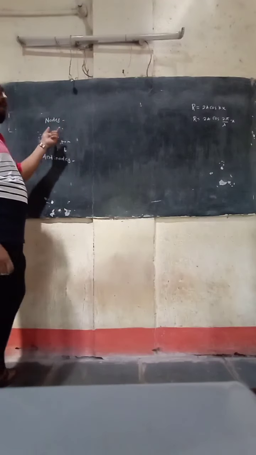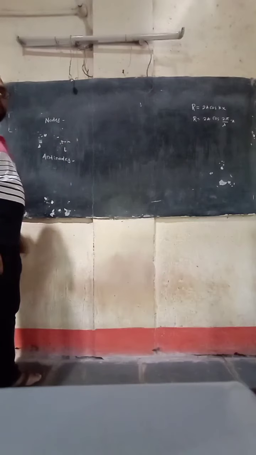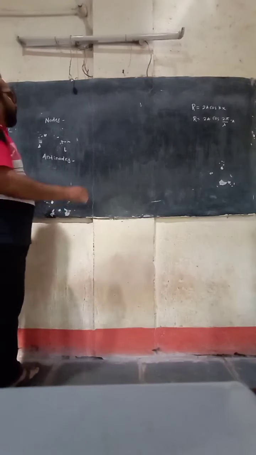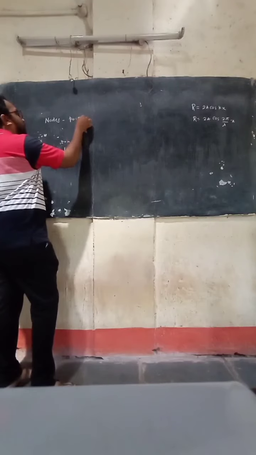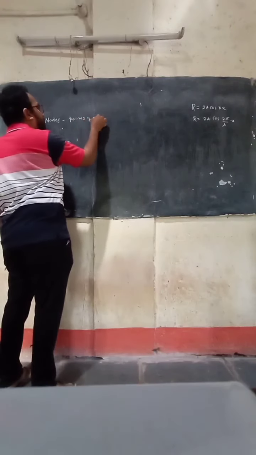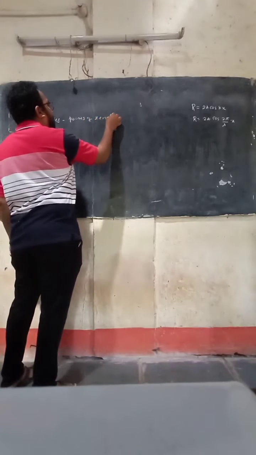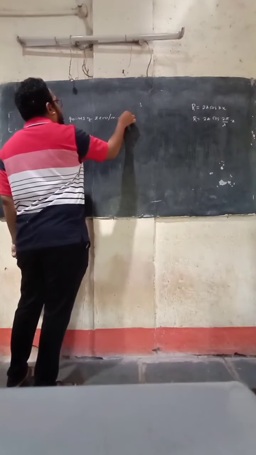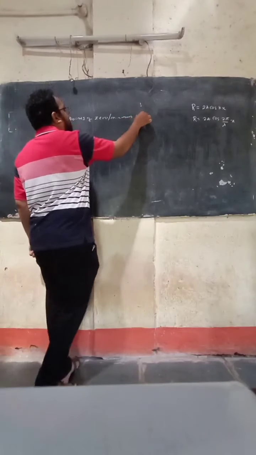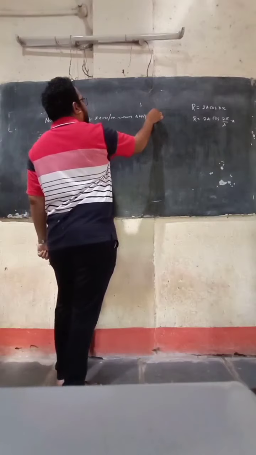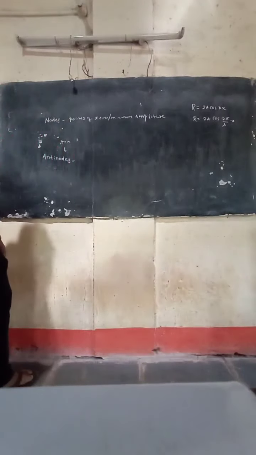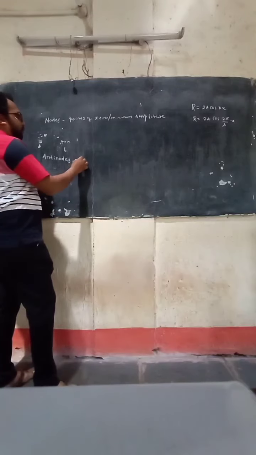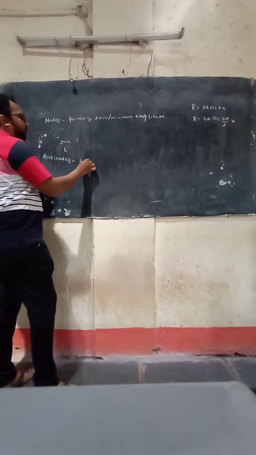Nodes are the points of minimum or zero amplitude. The points where the amplitude is minimum we call nodes, and antinodes are the points of maximum amplitude.